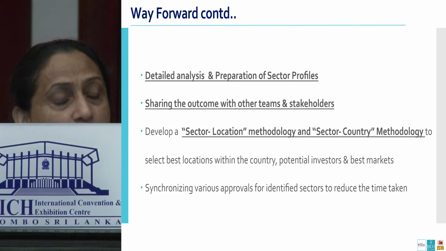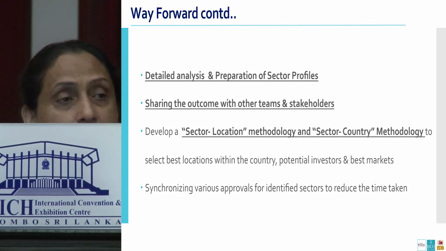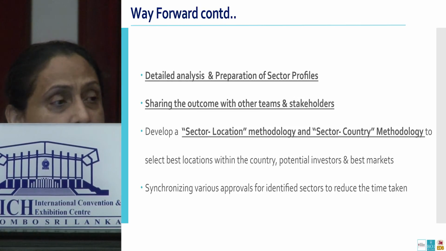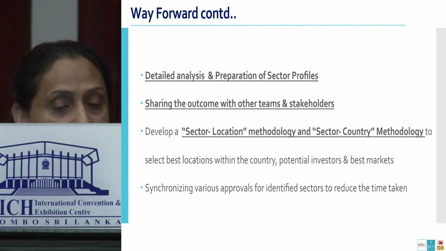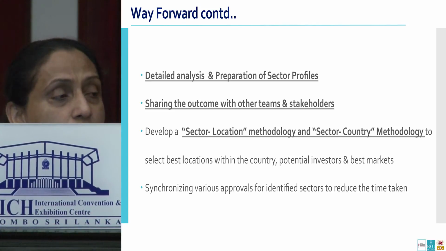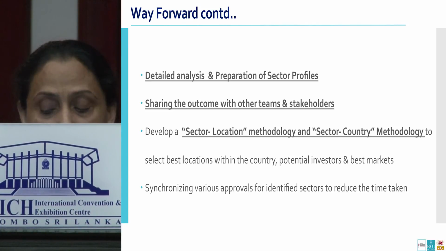Certainly a lot of other sectors will follow with that industry. And synchronizing various approvals for identified sectors is a must, which could reduce the time taken for the approval process. So these are the things that we wish to take forward with our study.